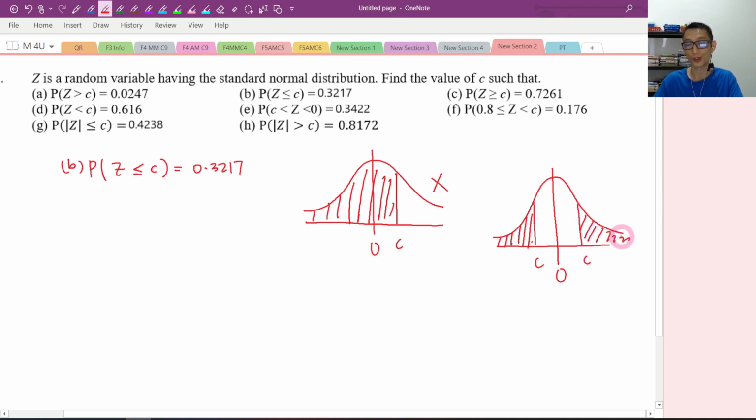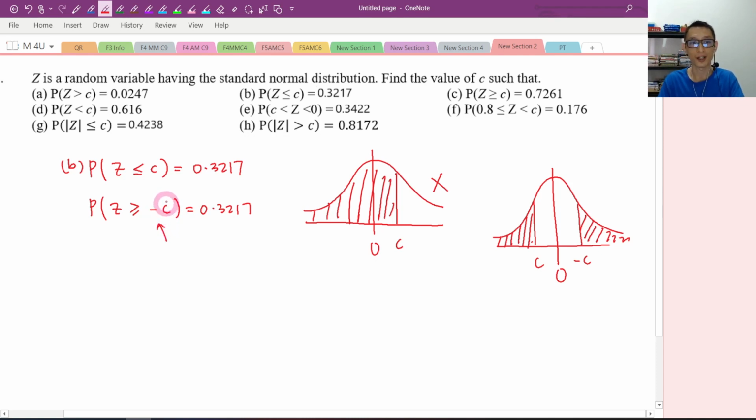And remember what I told you just now, when you reflect to the other side, give a negative to it. Now no longer this symbol, but this one, greater than or equal to negative C. Remember to put a negative C. The rest we just copy.